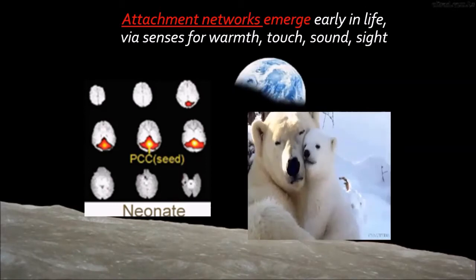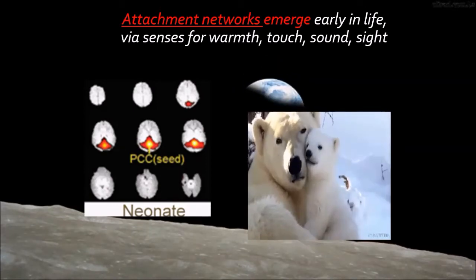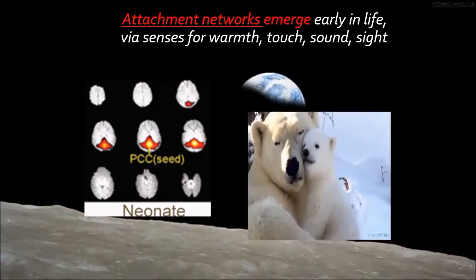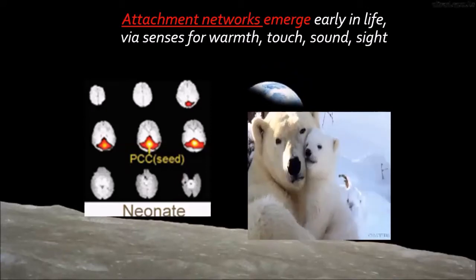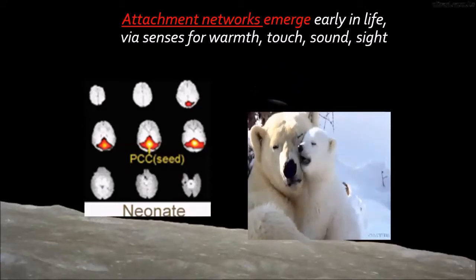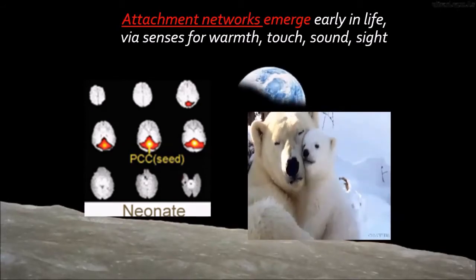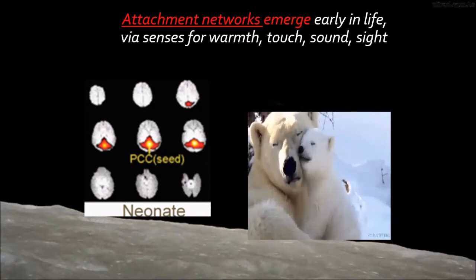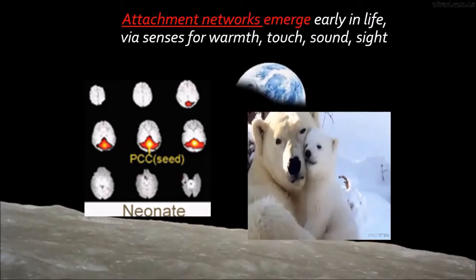The reason is that we have a reliable system for caretaking, the default network, and it starts particularly in the posterior cingulate. I like to call the posterior cingulate the maternal hub. You can see in this data how the BOLD signal orbits, or collects around, or coordinates, is the best word, with the posterior cingulate, the area nearby.